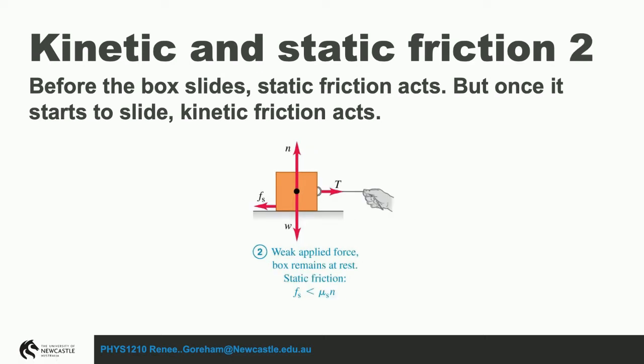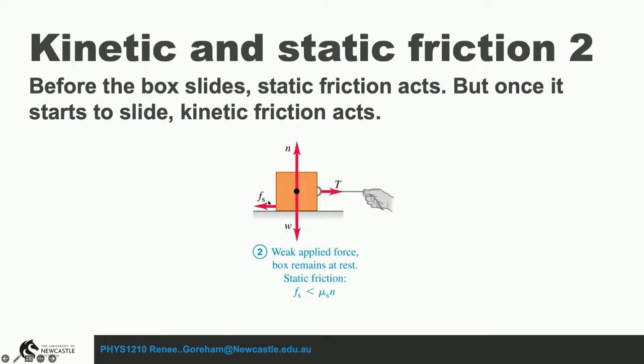But once you start to pull, there is some sort of associated frictional force, and it's going to be less than the static coefficient times the normal force. So this is our tension force, and we have that small static friction vector going in the opposite direction.